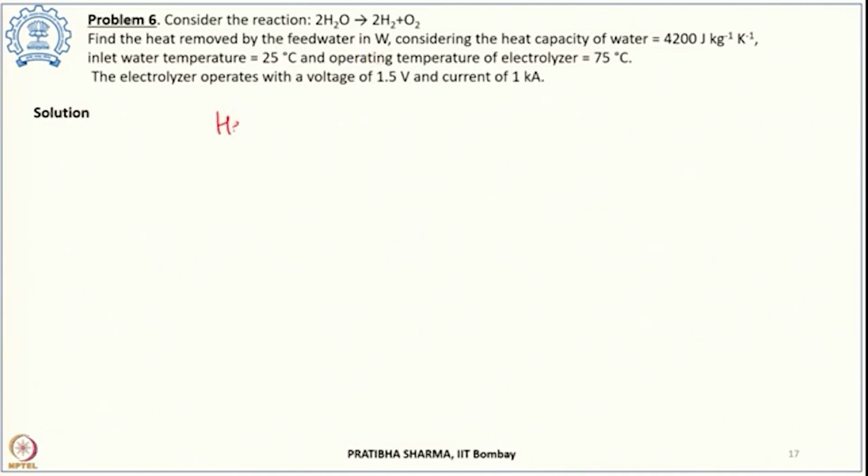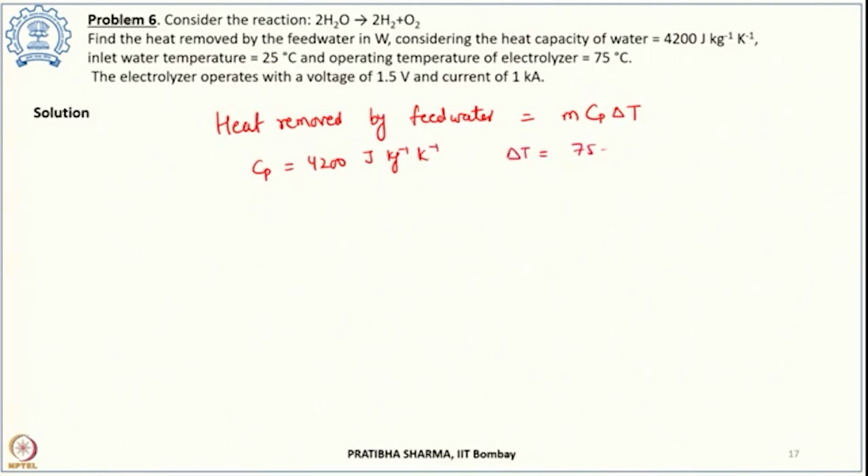So it is a simple problem that the heat removed by the feed water is nothing but given by mCp delta T. Cp is already given in the problem, 4200 joule per kg per Kelvin, and delta T is 75 minus 25 degree, that is 50 degree, a difference of 50 degree centigrade.